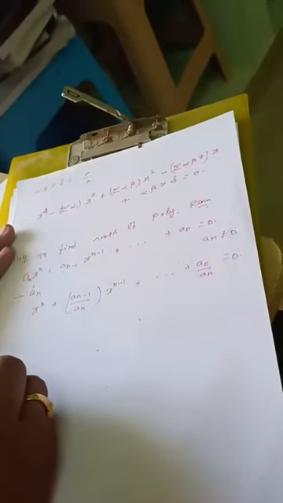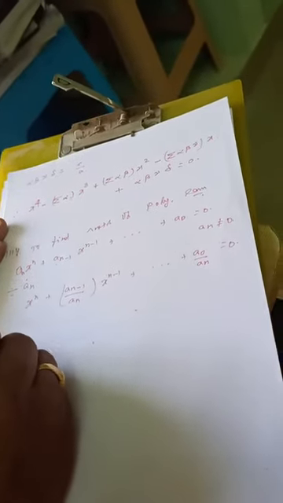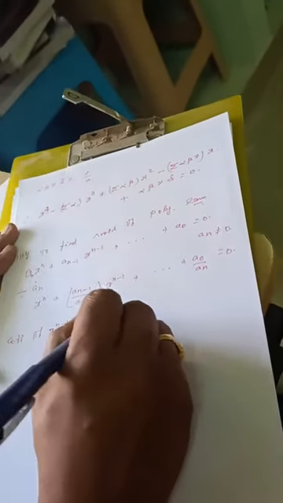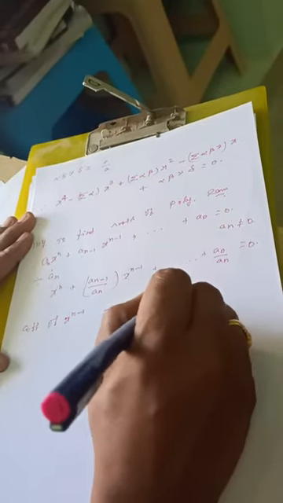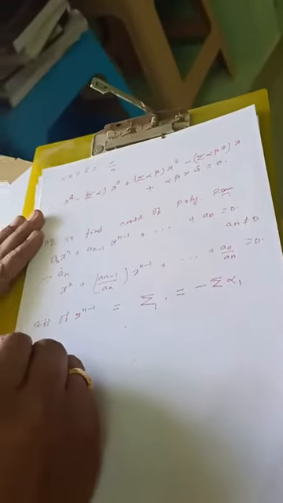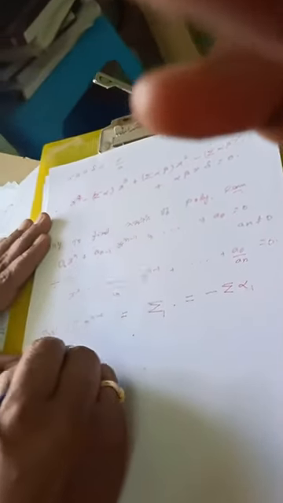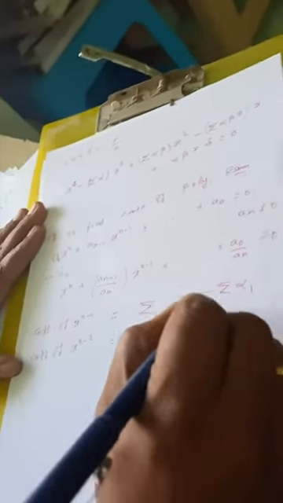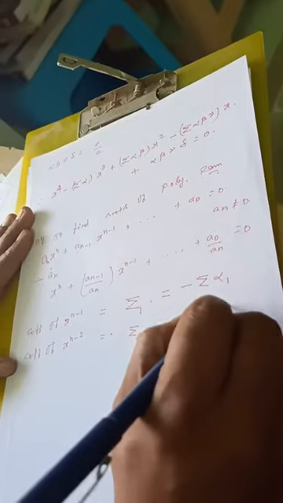The coefficient of x power n minus 1 is sigma 1, that is equal to minus sigma alpha 1. The coefficient of x power n minus 2 is sigma 2, equal to plus sigma alpha 1 alpha 2.